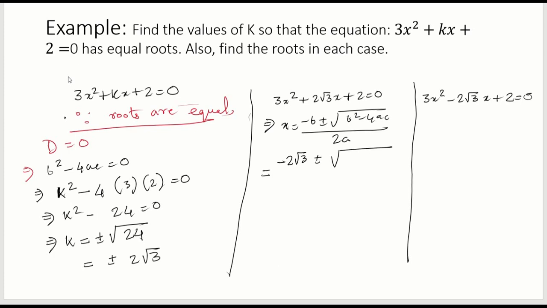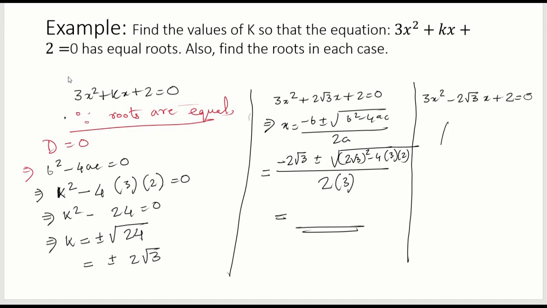You write minus 2 root over 6, the value of b. Similarly here, 2 root over 6 square minus 4, a is 3, c is 2, and 2a is 6. So you guys just need to solve it and find the answer here.